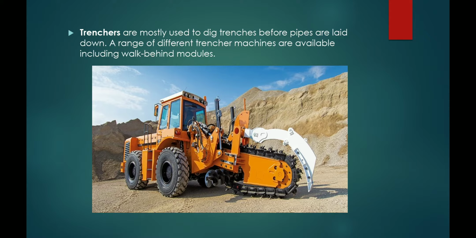And trenchers are highly versatile in that they utilize alternating digging functions according to the needs of the job. They should also be dealt with by experienced construction professionals at all times because they are very dangerous. And here you have a picture of what a trencher looks like, and as you can see, it does indeed look very dangerous.